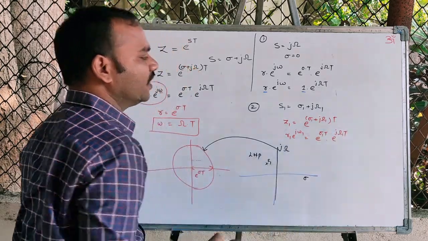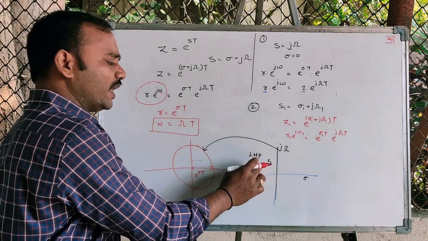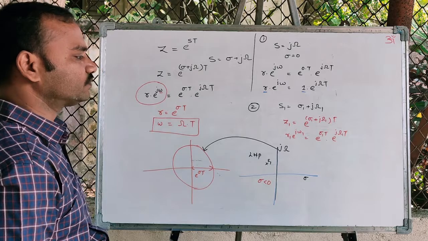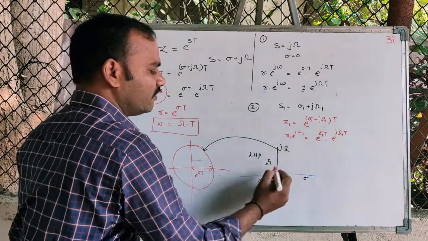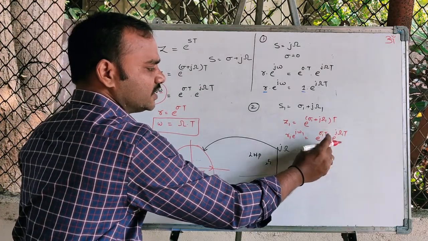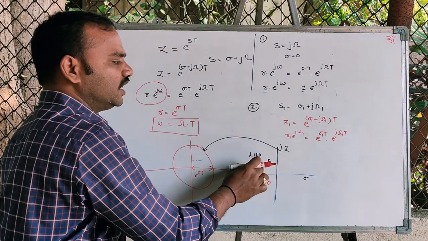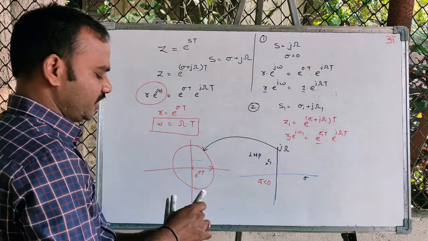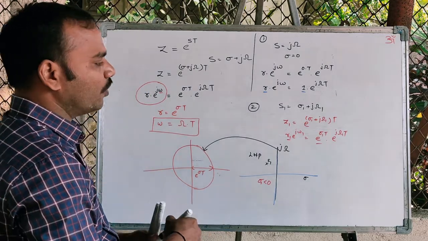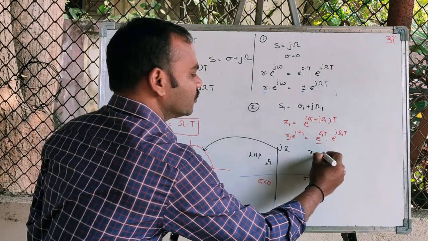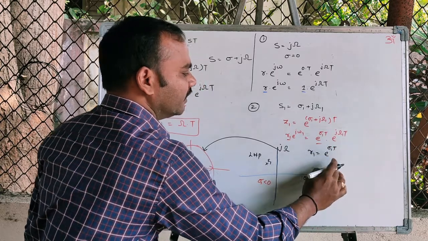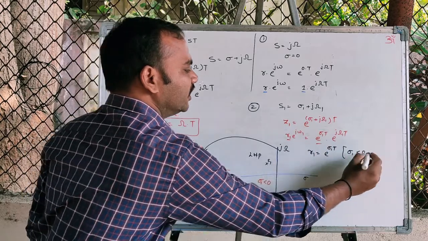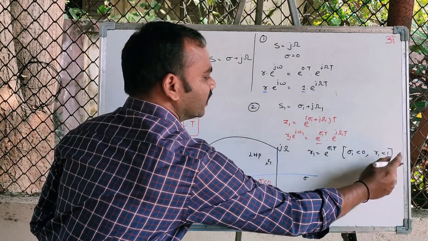Now, for this pole to lie in the left half of the plane, the σ value should be less than 0. So, when this σ1 value is less than 0, definitely that pole lies in the left half of the s-plane. Now if we check the radius of the pole, then r1 = e^(σ1 T). Now whenever σ1 is less than 0, definitely r1 is less than 1.